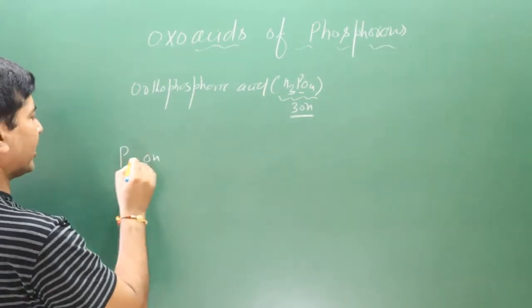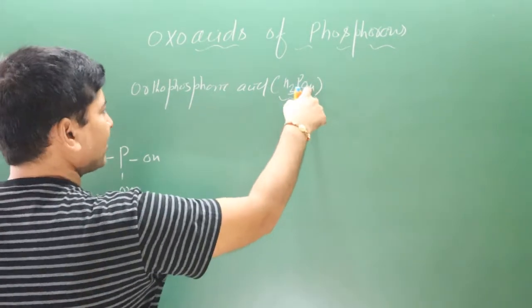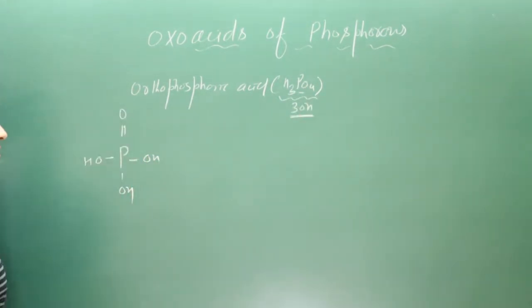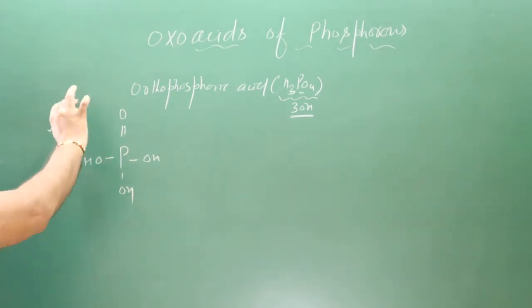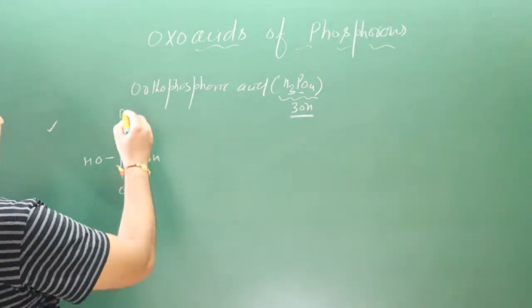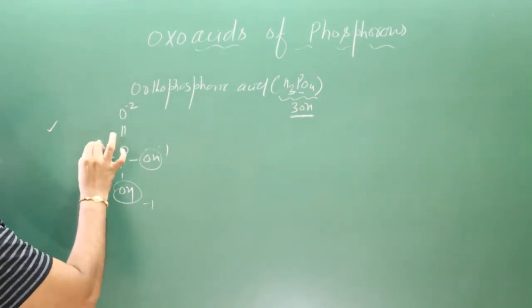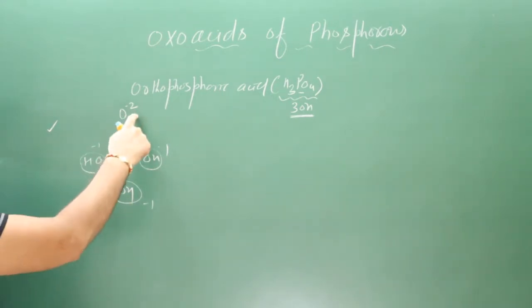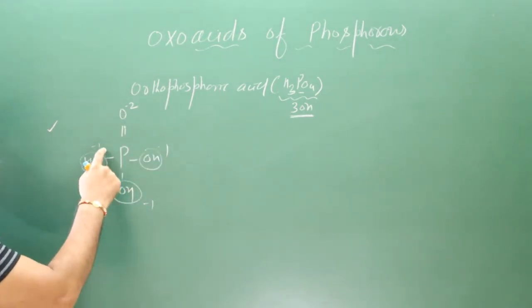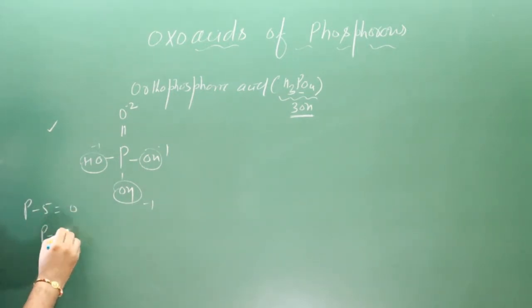Attach these OH directly to the central element. One oxygen is still left, so we satisfy the valency of phosphorus by attaching it to phosphorus. This is the structure. Now we can calculate the oxidation state. Oxide and hydroxyl groups give -2, -3, -4, -5. So phosphorus minus 5 equals 0, which gives +5.